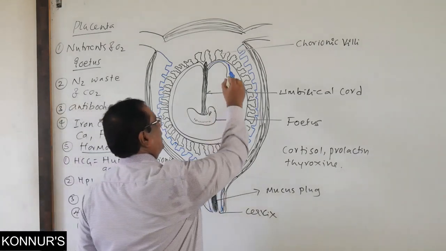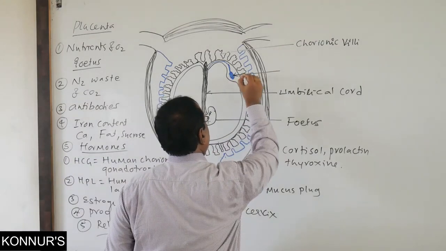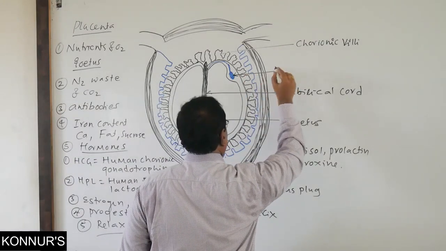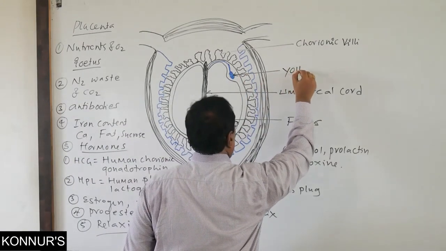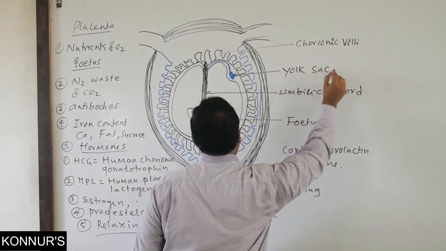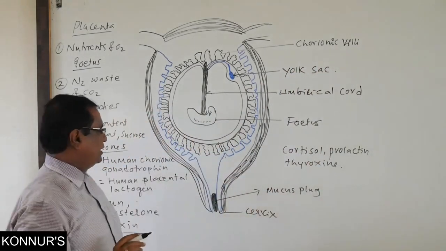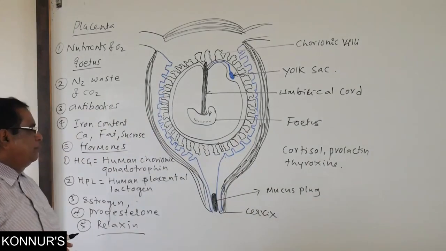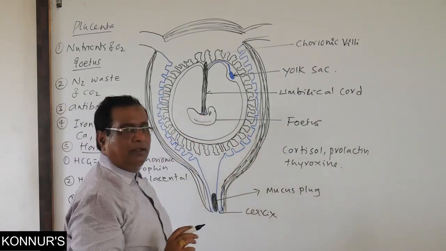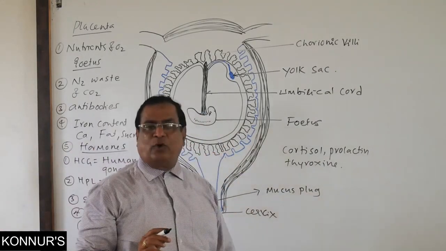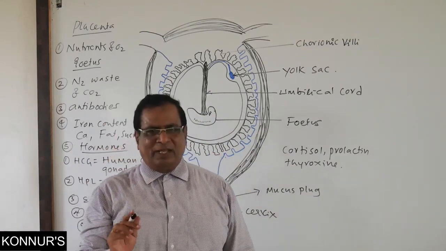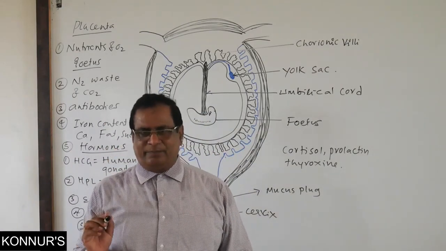And here it even has reserve food in this yolk sac, and then this embryo is formed from the inner cell mass.